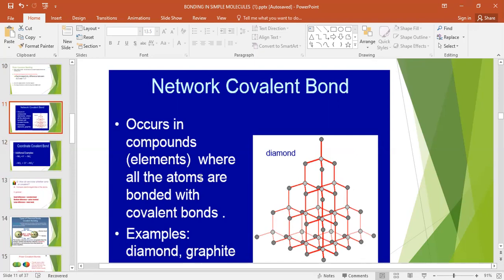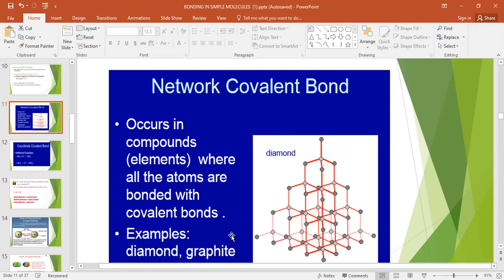Now, network covalent bond. What do you understand from network covalent bond? Many carbon atoms join together, not one bond, sharing of one electron, sharing of two electrons, or many electrons. It occurs in a compound or element where all the atoms are bonded covalently.